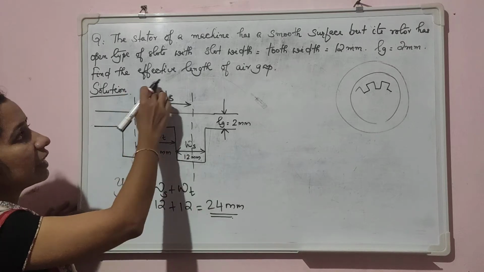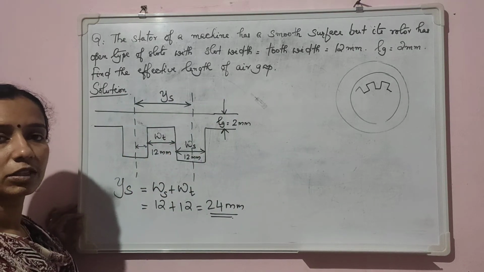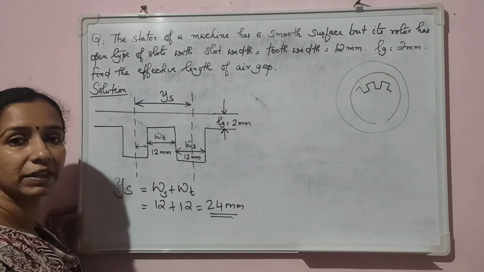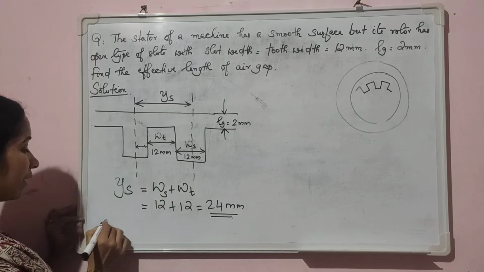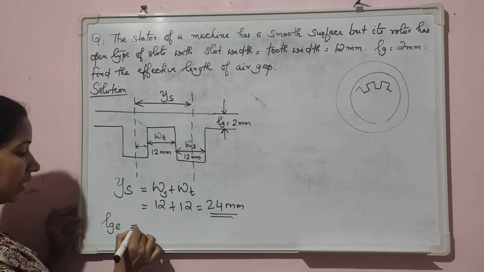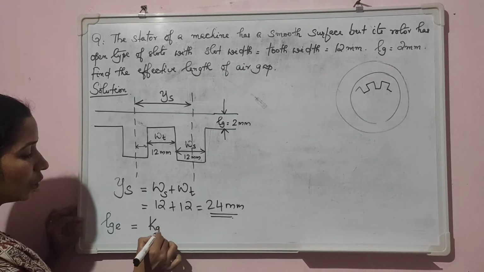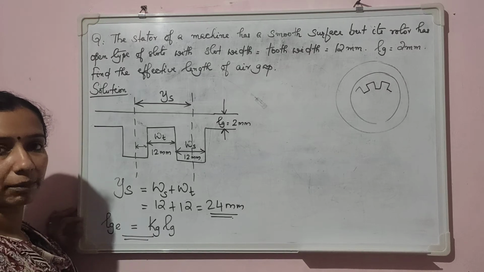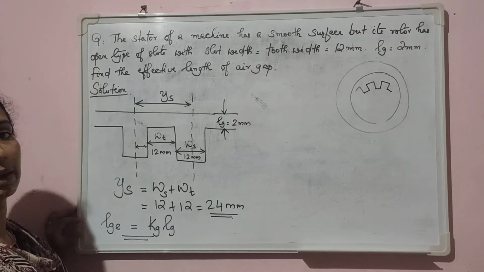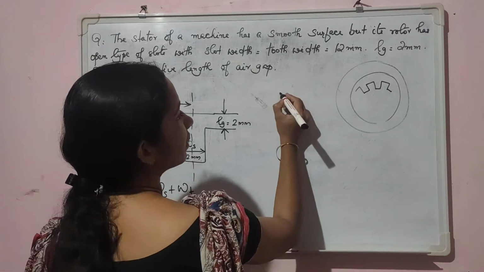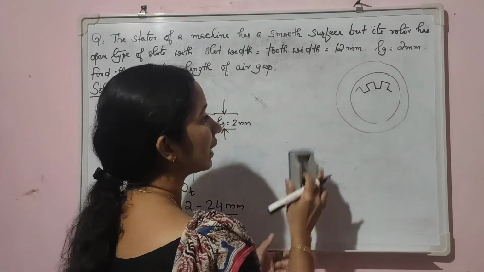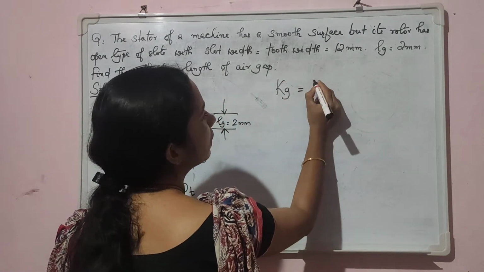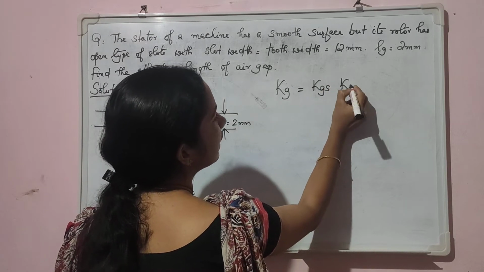So we have to calculate effective length of air gap. While deriving the equation for air gap mmf, we have seen this term, effective length of air gap. We have denoted it as Lge, and it equals kg into Lg. The effective gap length is kg times the actual gap length, where kg is the total gap contraction factor. And we can write kg equal to kgs into kgd.